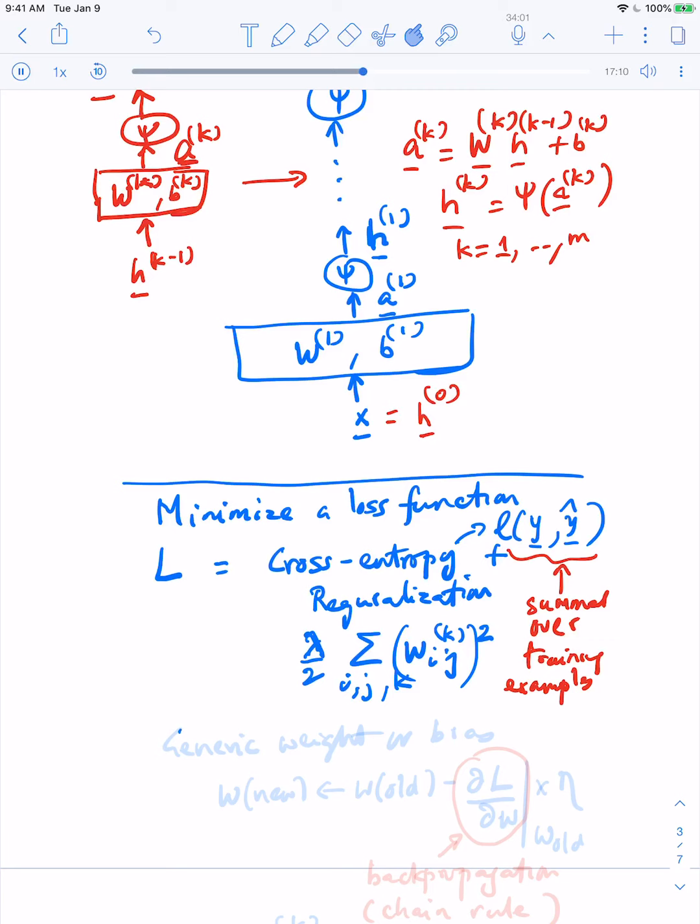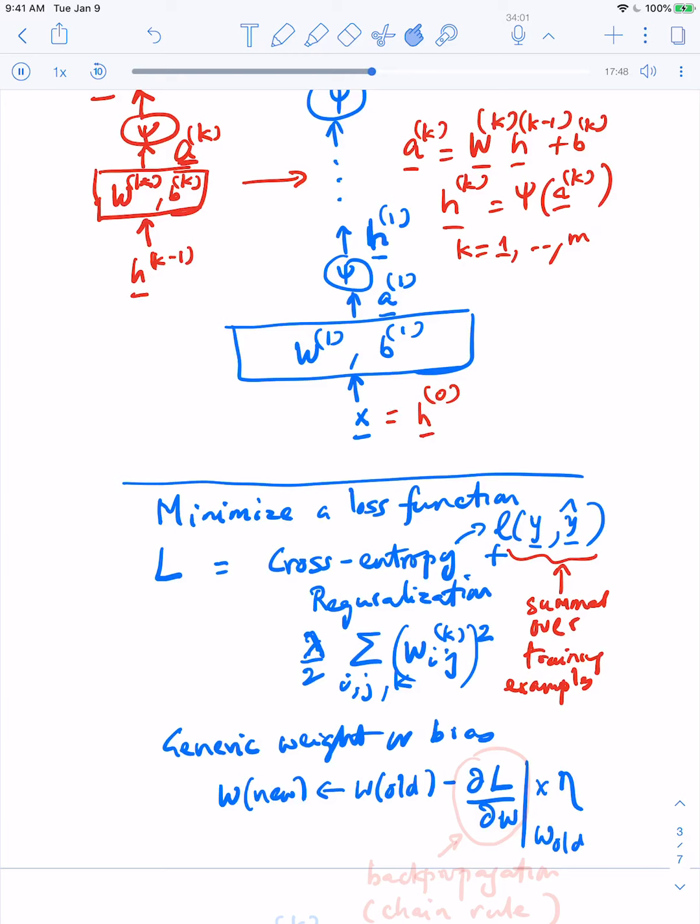So for a generic weight or bias, you basically say something like, weight new is weight old minus the derivative of the loss function with respect to the weight evaluated at weight old times some number, and this number is typically small.